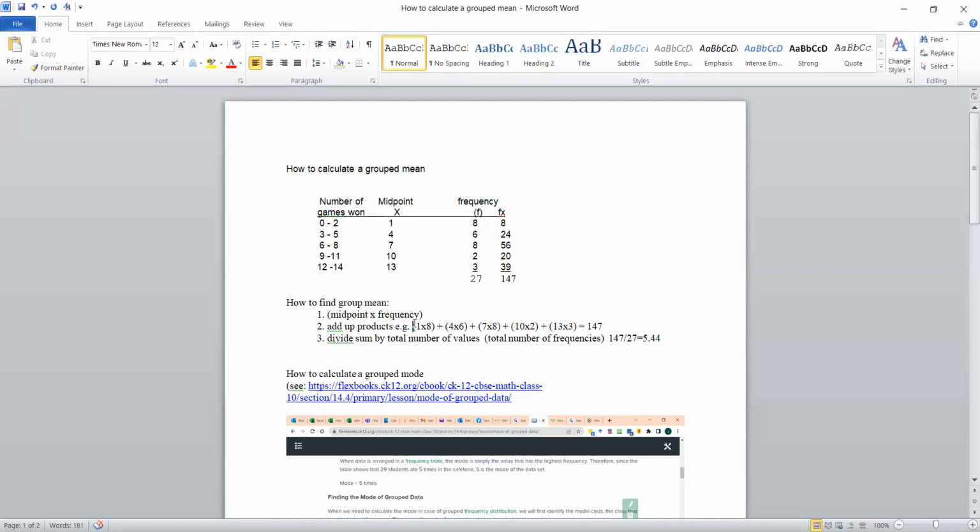Your book will show you 1 times 8 plus 4 times 6 plus 7 times 8 plus 10 times 2 plus 13 times 3. Still equals 147.